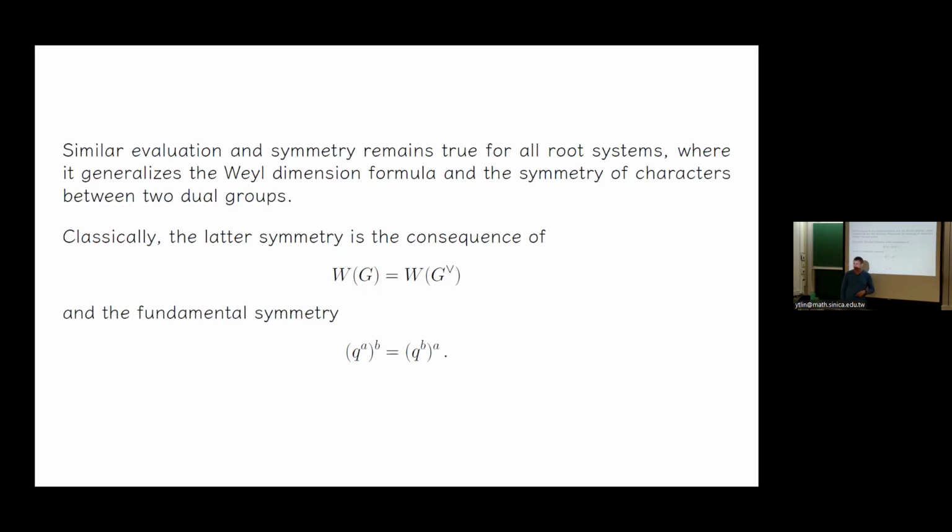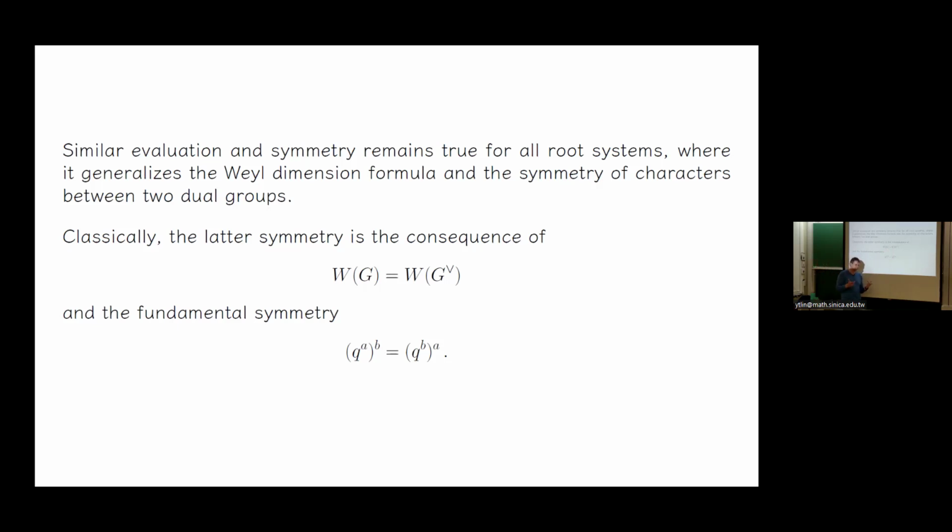But now think about how the Weyl character formula builds a character of some group from monomials. Well, it has some summation over the Weyl group. The Weyl group for the group and the dual group is the same. And so if you think about this, then you see that the properly normalized irreducible characters for a group and a dual group are the same as a function of two dual lattices.